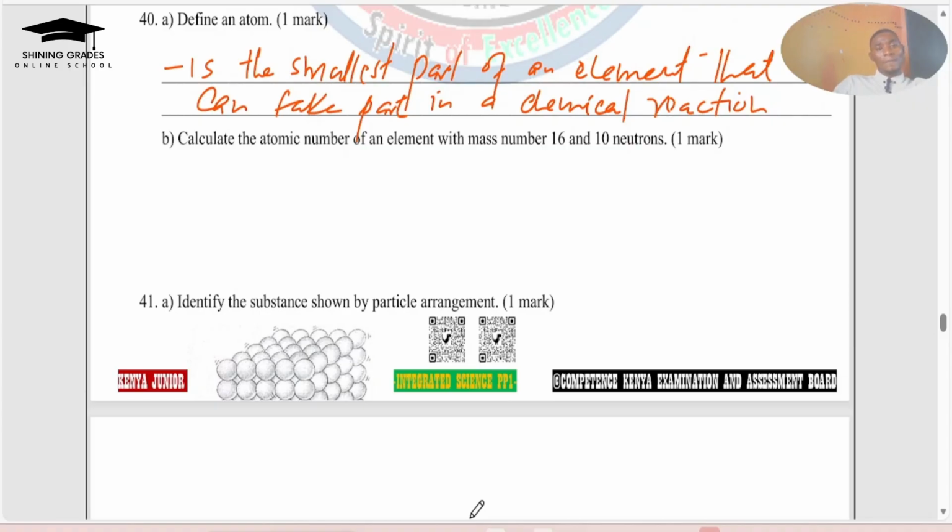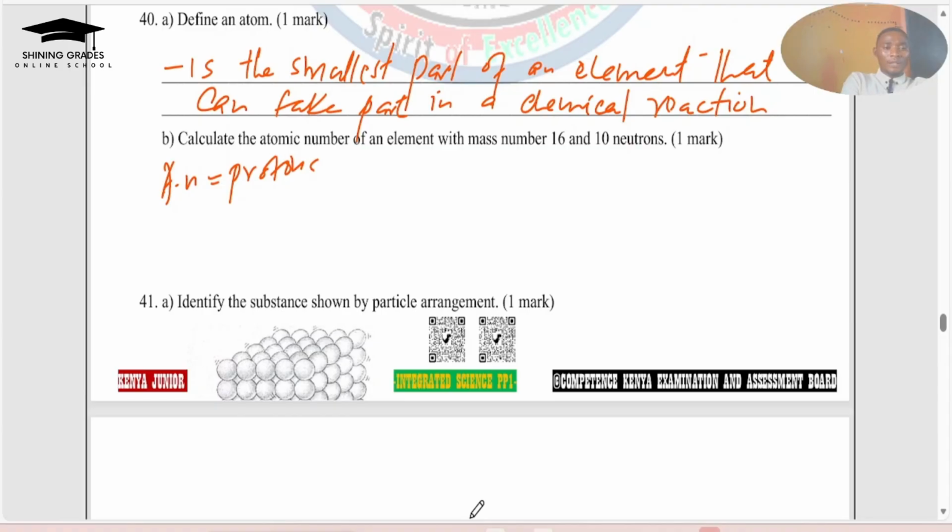Question 41. Calculate the atomic number of an element with mass number 16 and 10 neutrons. We're looking at the atomic number. We need to understand that atomic number is the number of protons.